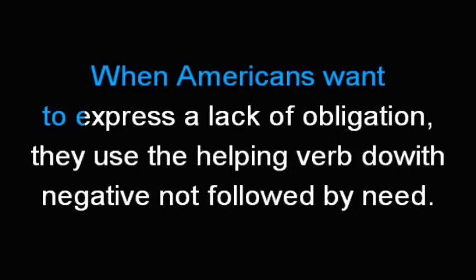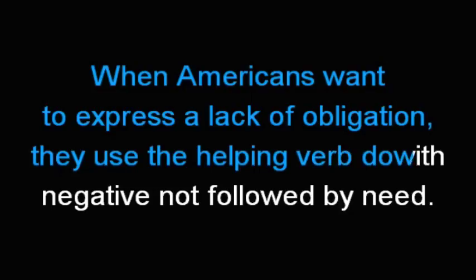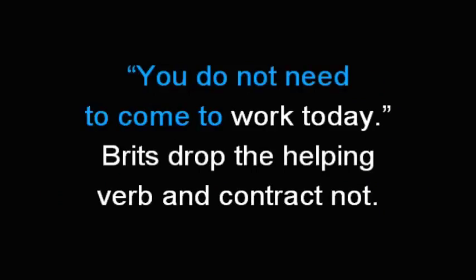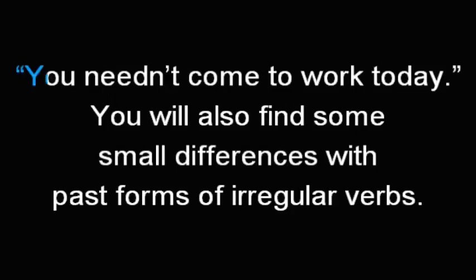When Americans want to express a lack of obligation, they use the helping verb do with negative not, followed by need. "You do not need to come to work today." Brits drop the helping verb and contract not. "You needn't come to work today."